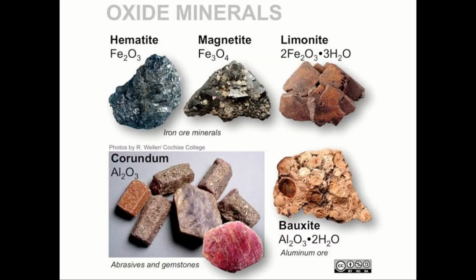Here it is. So oxide minerals we have here. As you can see, the chemical formula is given. We have iron 2 oxide, iron 3 oxide, aluminum oxide. We can see already that it is under the oxide minerals because of its chemical composition.